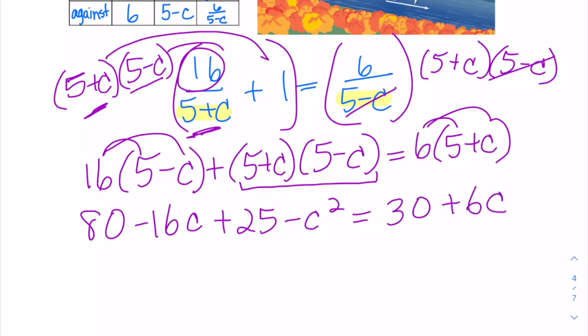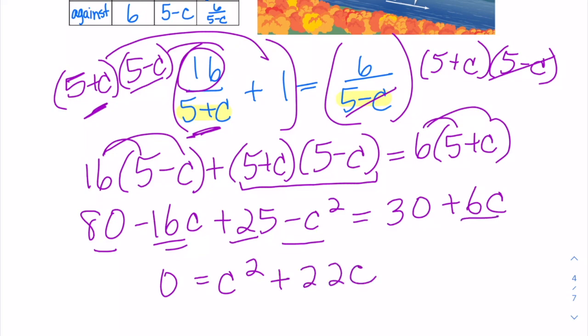So now let's just combine all like terms. So I'm going to actually add the c squared. So we get c squared here. I'm going to subtract 80 and subtract 25, add 16c. So when I add 16c to 6c, I'll get 22c. And then when I put these together and subtract them from 30, I'll get negative 75.